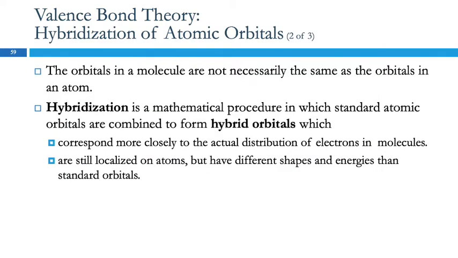So what's missing here? The orbitals in a molecule aren't necessarily the same as the orbitals in an atom. So we talk about hybridization. Hybridization is when you take something and you modify it to make it slightly different, right? Or you take two things that are different and you bring them together and make a new thing out of them.